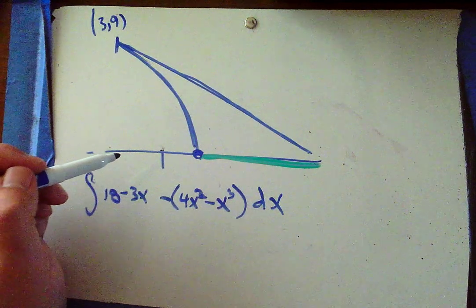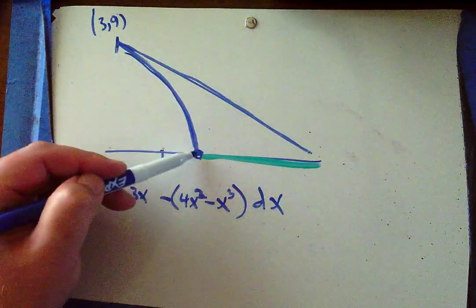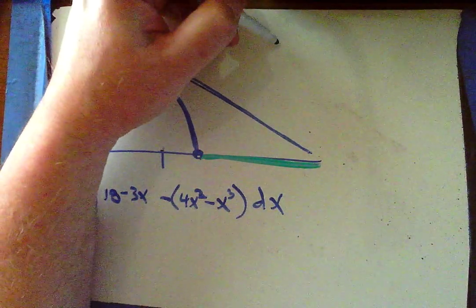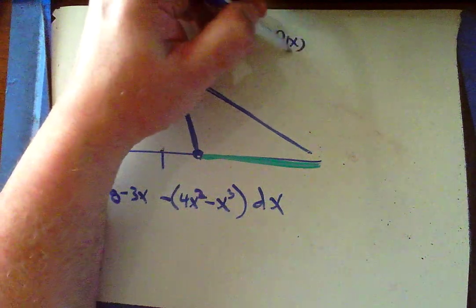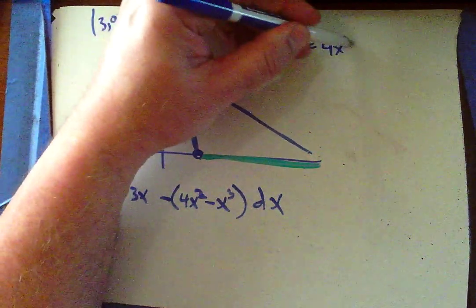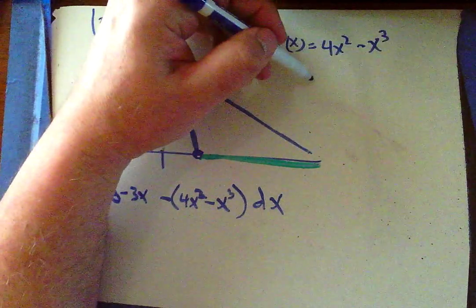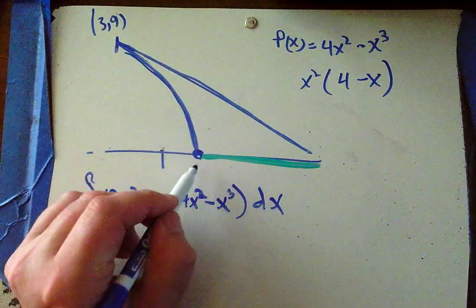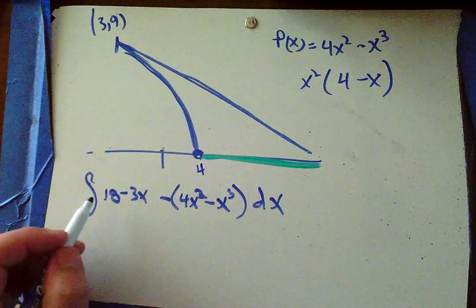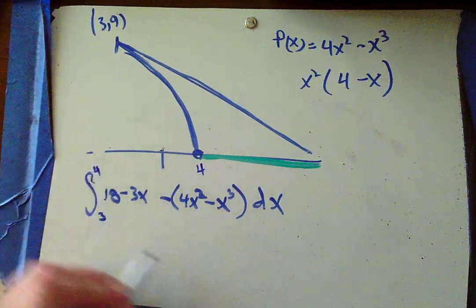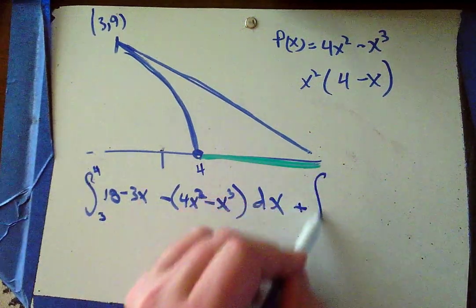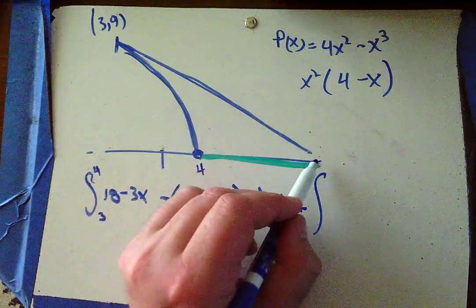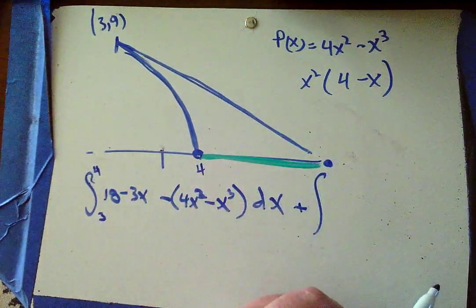Well, where's here? That's an x-intercept for f of x. So if I take f of x, which is 4x squared minus x to the third, and I factor out an x squared, I get 4 minus x. So this is x equal to 4. So I'm integrating from 3 to 4. Plus the integral from 4 to, where's this intercept?